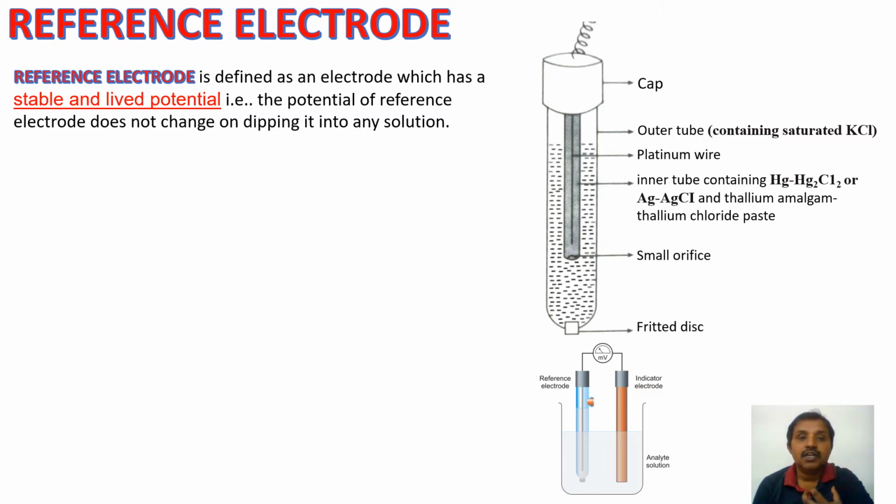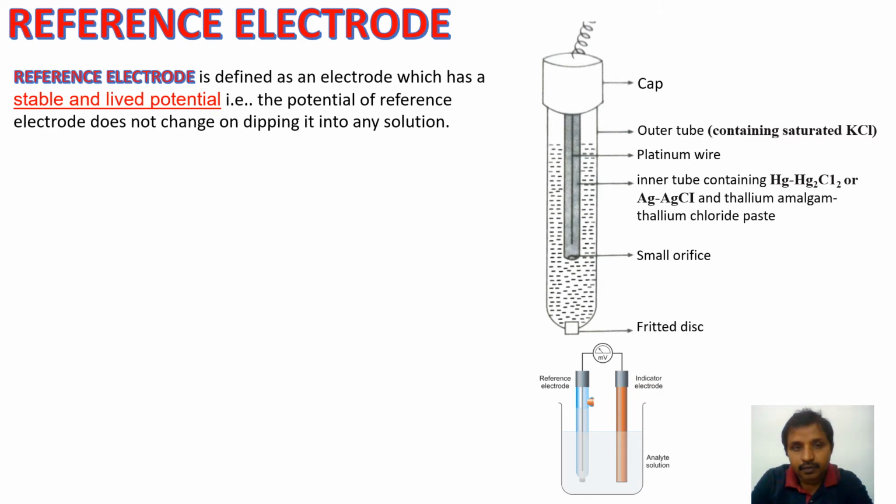So it has a known potential. By taking the potential of the reference electrode as reference to the indicator electrode, the potential in the indicator electrode can be measured.